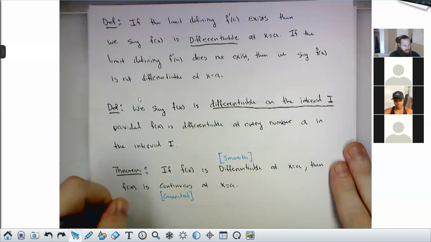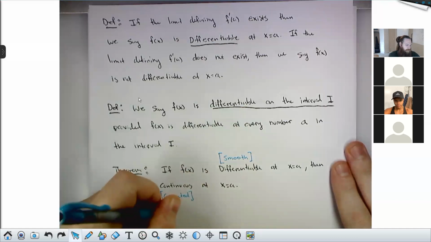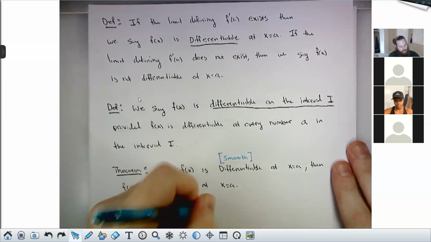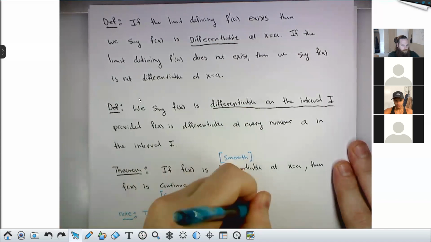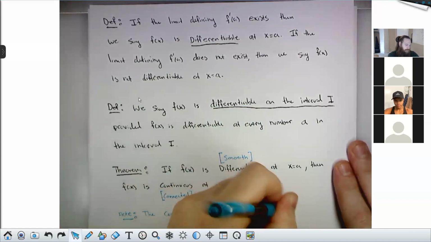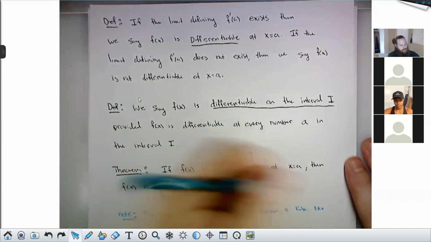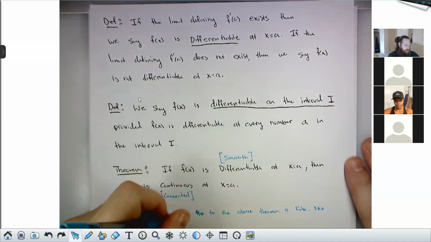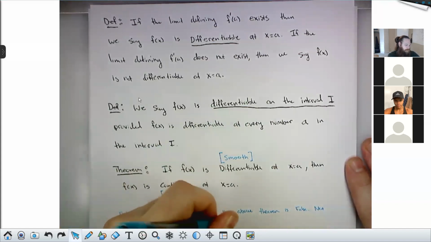So note, the converse to the above theorem is false. Not all continuous functions are differentiable.